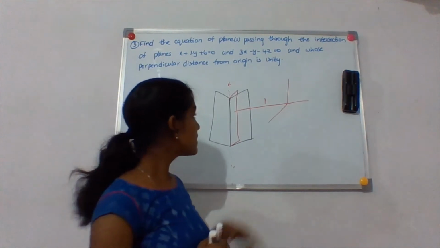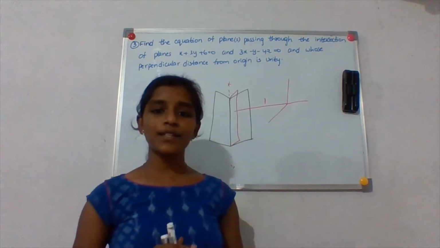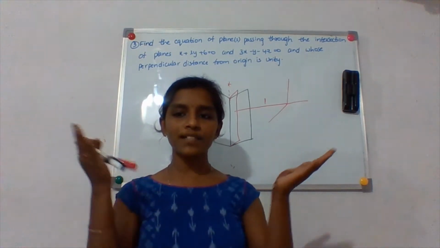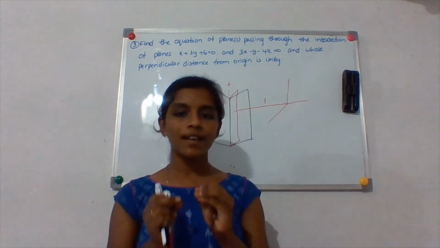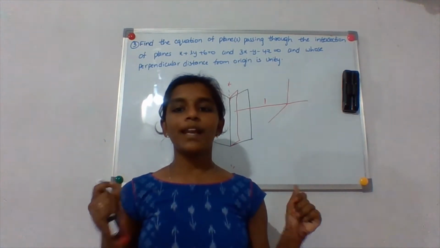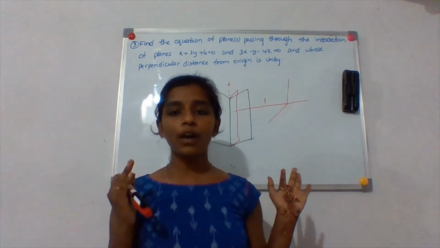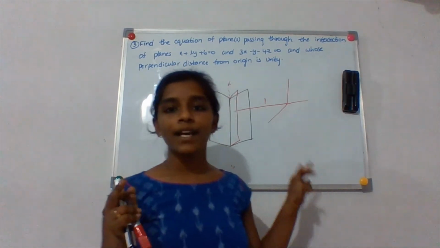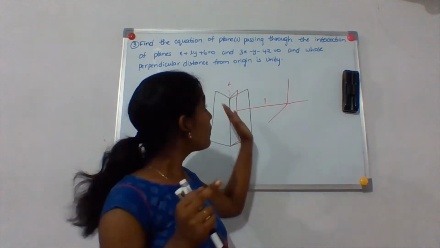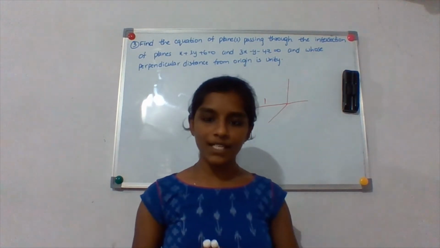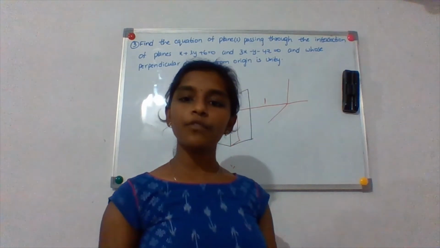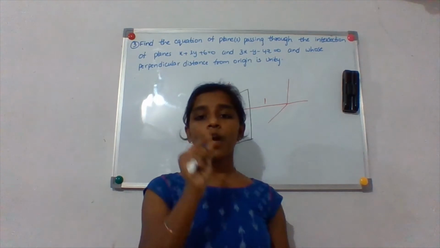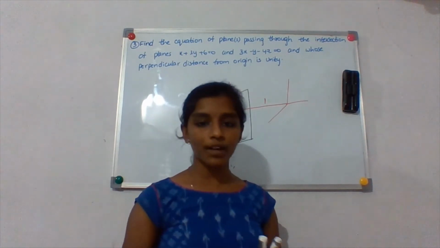You have imagined it and we have also drawn it on the board. And now how do you do this sum? Firstly, let us look at the simple part. Understanding the plane passing through the intersection of the planes is slightly complex, so let us look at the second clue, which is very easy. He says that the perpendicular distance from the origin is unity, right? You already know the formula to find the perpendicular distance of a plane from any point, not just the origin.